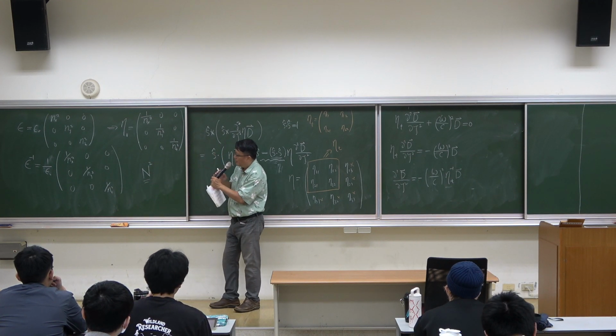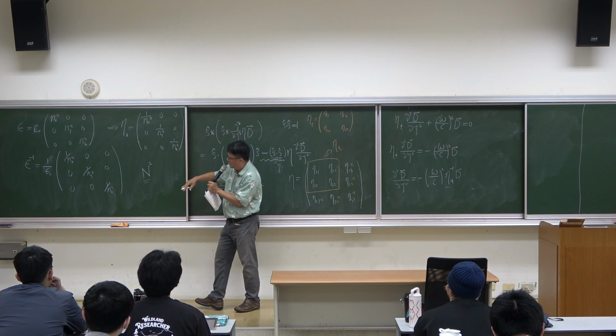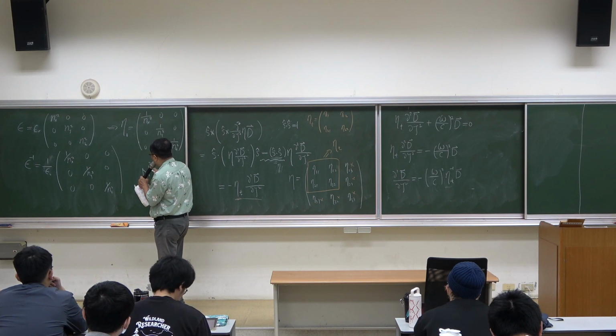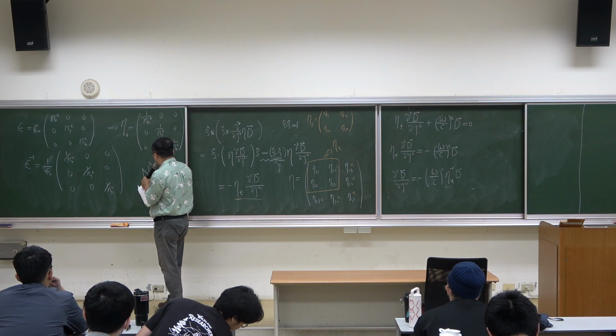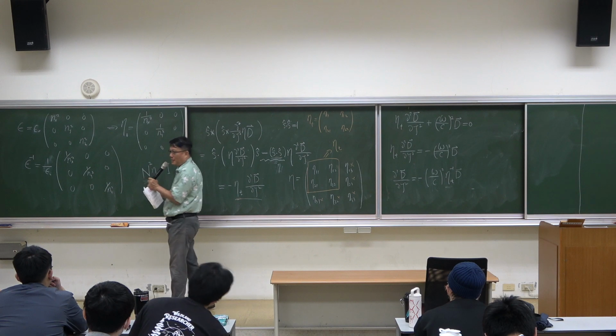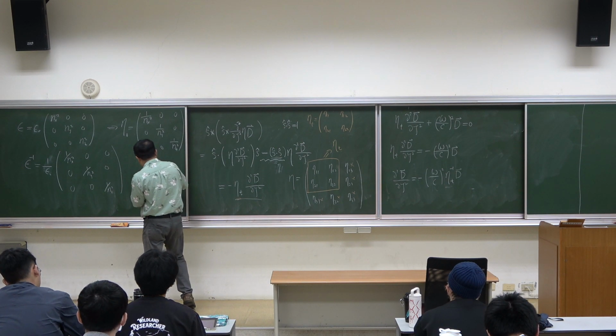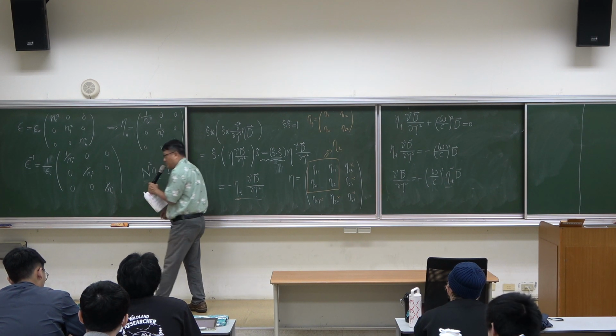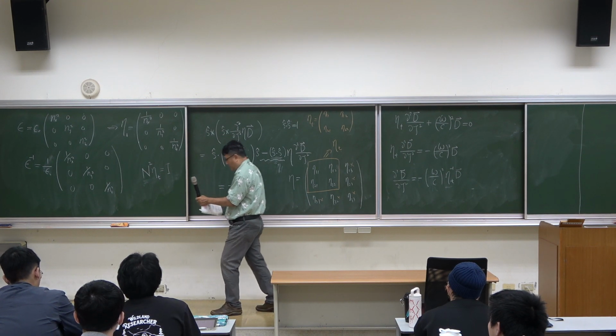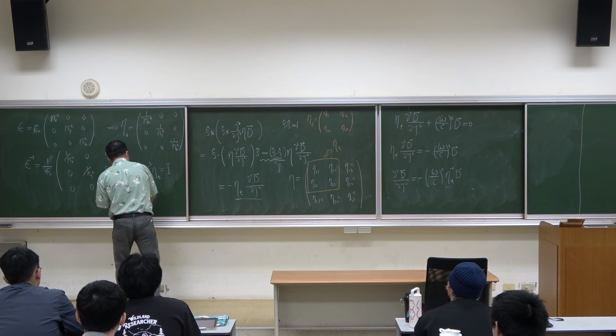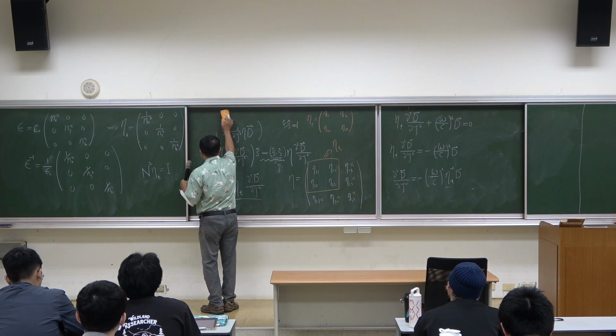We get index squared. So the index squared times the eta matrix becomes 1. Okay. Now we want to use the eta t matrix. So we define this matrix.